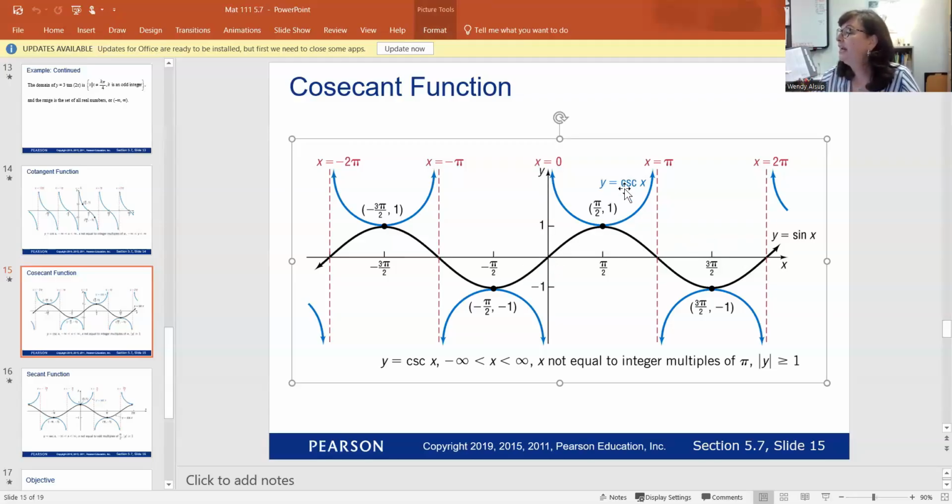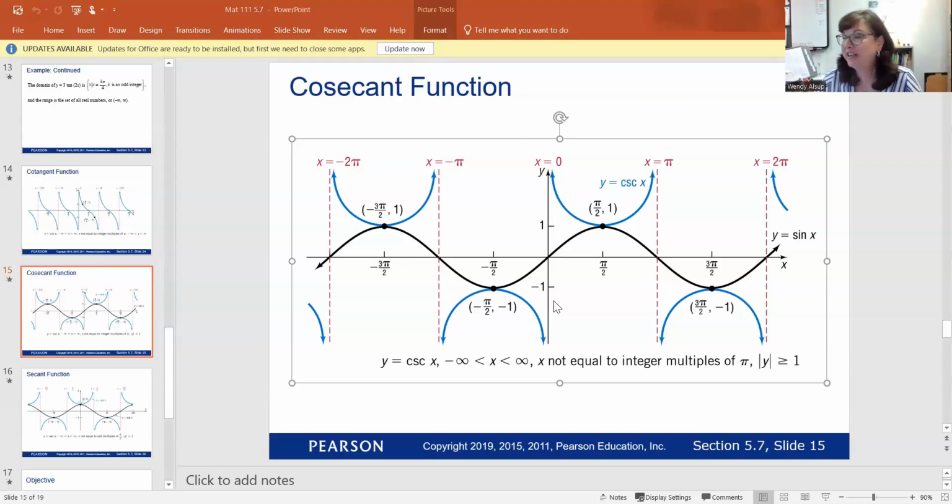And so if you look here, your cosecants are going to have their asymptotes every pi. So you have an asymptote at 0, then at pi, then at 2 pi, at negative pi, negative 2 pi. And between 0 and pi, you're going up.